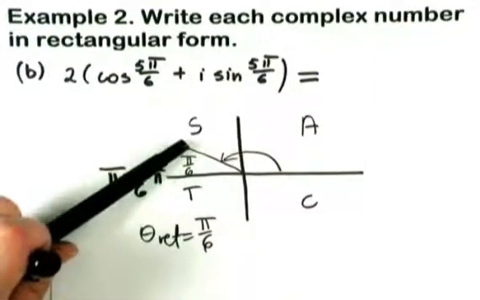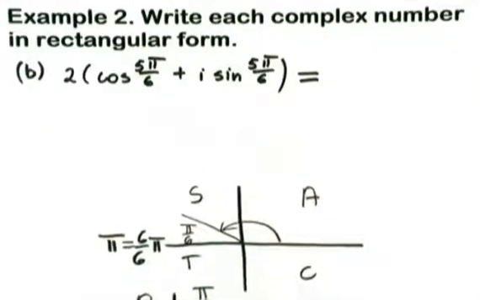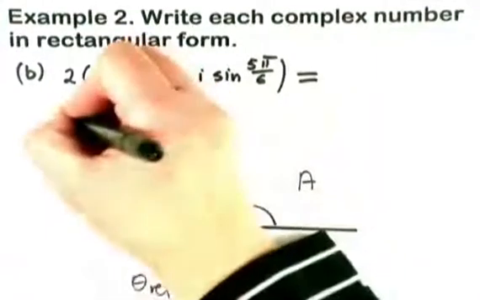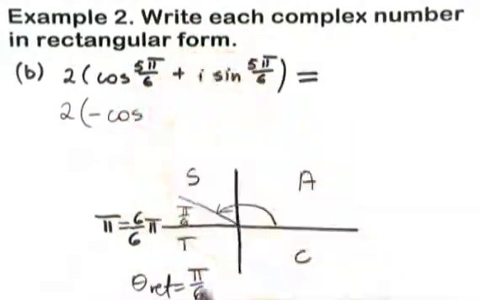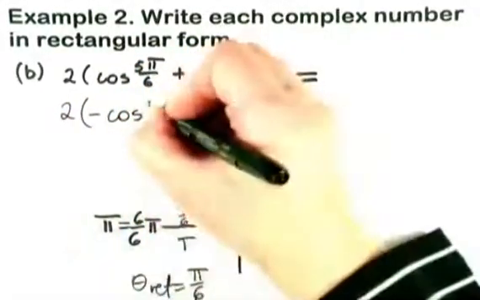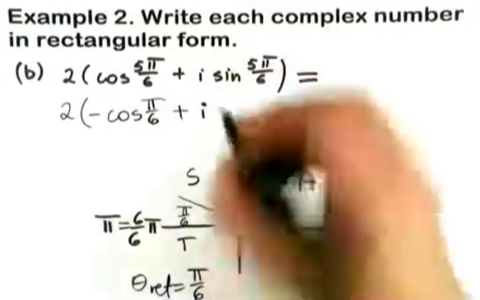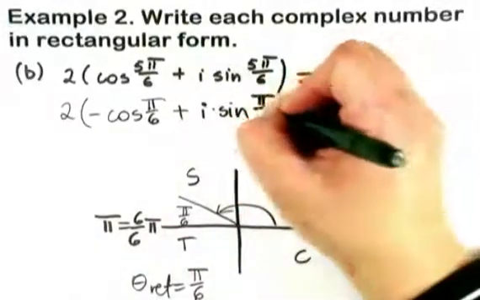So cos is negative and sine is positive. So we have 2 times minus cos of my reference angle pi over 6, plus i times sine, which is positive, of my reference angle pi over 6.